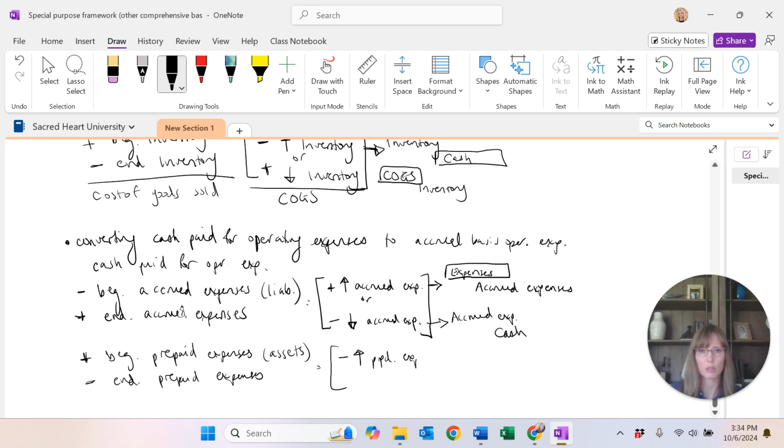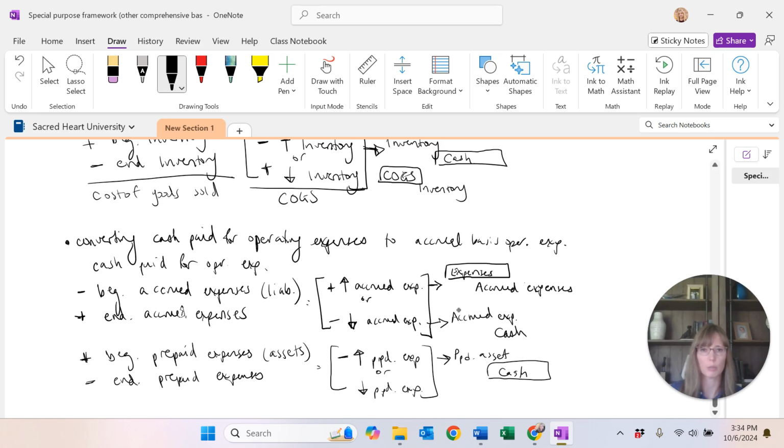So if your prepaid asset increases, you would debit it, and the other side of it, well, it's prepaid, so the other side has to be cash. So we know that if cash was spent for this asset, it was recorded as an operating expense on the cash basis, but there's no expense here, so we need to subtract it out, not include it. Or if there was a decrease in the prepaid expenses, that means we must have used it up.